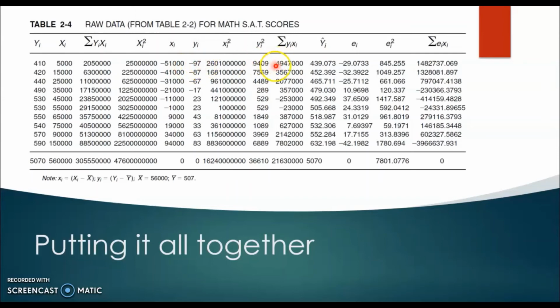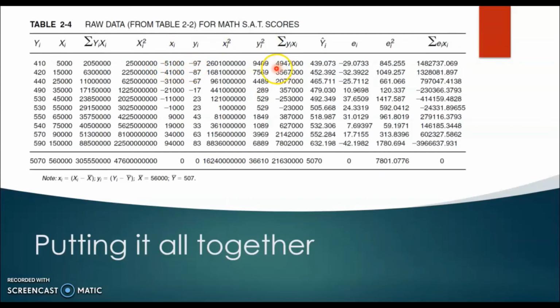In other words, this column represents the multiplication of the deviation for the dependent variable with the independent variable. In order to get the first observational value, all that we have to do is to multiply negative 51,000 with negative 97.